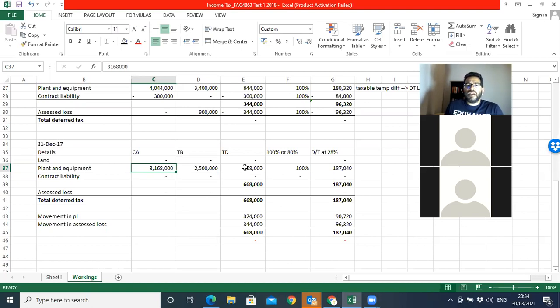So in future, accounting and SARS both have a profit of 10 million before taking into account the plant and equipment. Now we take the plant and equipment. From an accounting perspective, in future, they expect to deduct 3.1 million. So they say 10 million minus 3.1 million, so my future profit is 6.9 million rand.